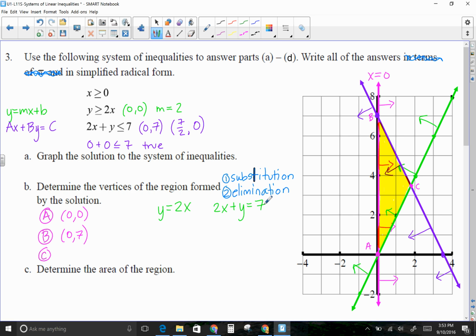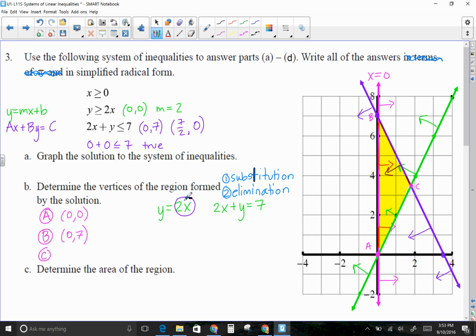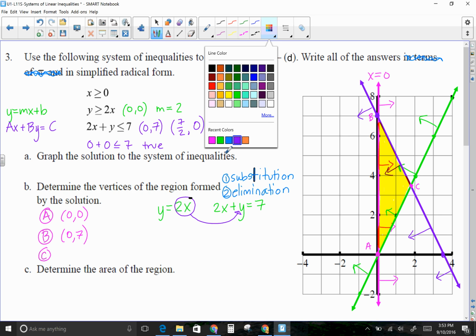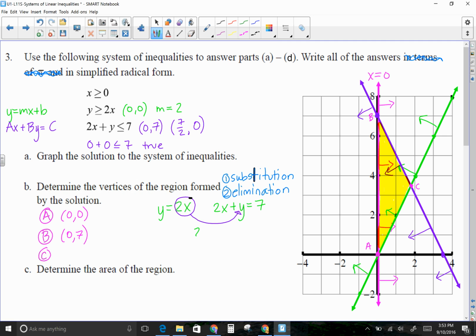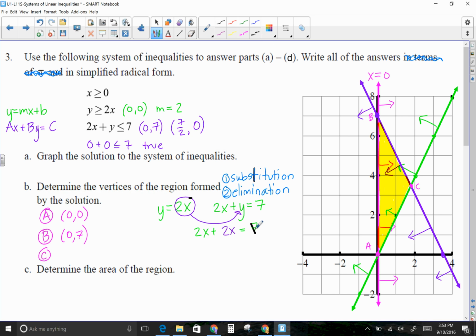So if you remember from substitution, an easy way to do it is if you have a variable by itself, I like to circle what it's equal to. So y is equal to that. So I'm going to plug it into that equation where y is. So that's going to give me 2x plus, what did I just plug in? Instead of y, I'm writing 2x, equals 7.